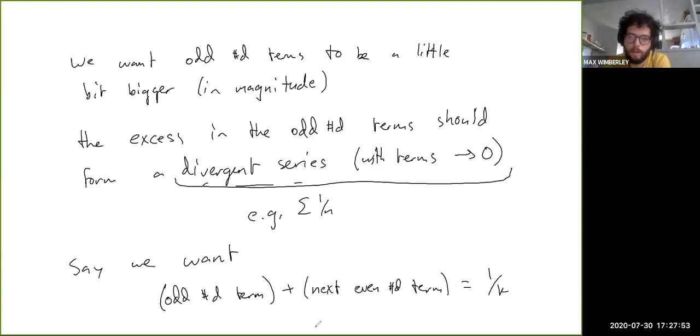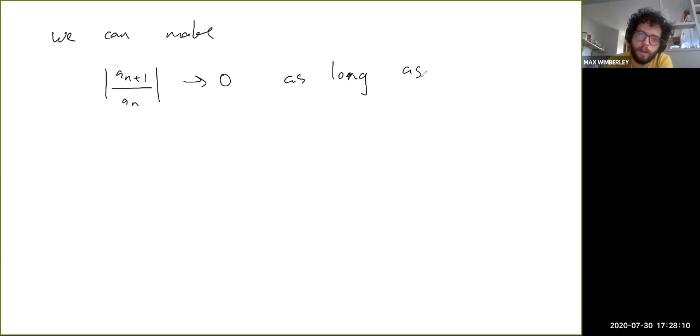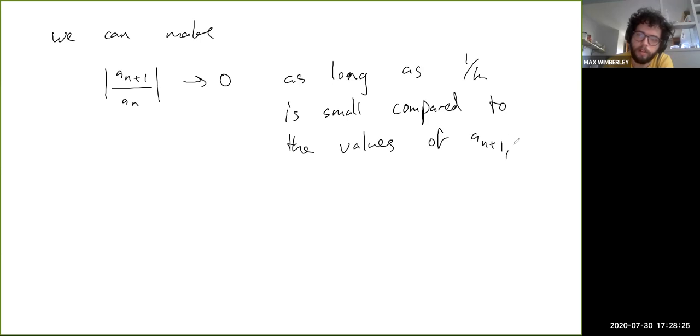Then if you think about it that way, the idea is basically that we can make a_n plus 1 over a_n go to 0 as long as 1 over k is small compared to the values of a_{n+1} and a_n, where k is approximately n over 2.